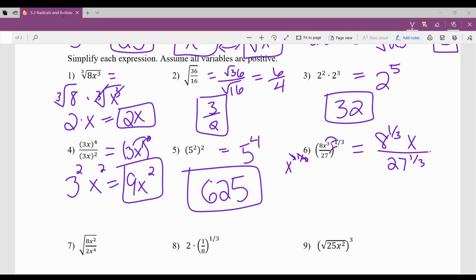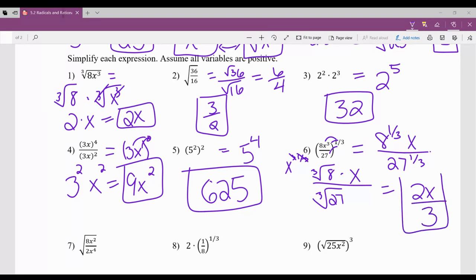Those are going to cancel, so it's just x to the 1, but we don't need that 1 as the exponent. All right, so we can continue to simplify. Power over root, so this is going to be the cube root of 8 over the cube root of 27, times x. So the cube root of 8 is 2 times x over the cube root of 27 is 3. So it's 2x over 3.